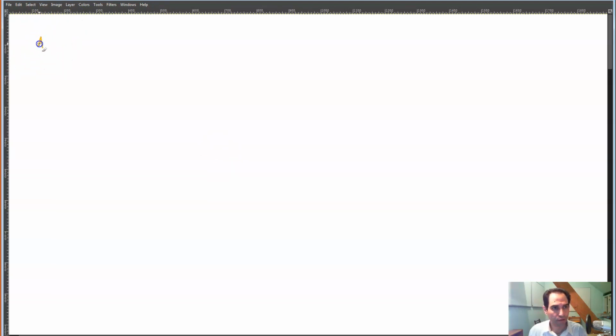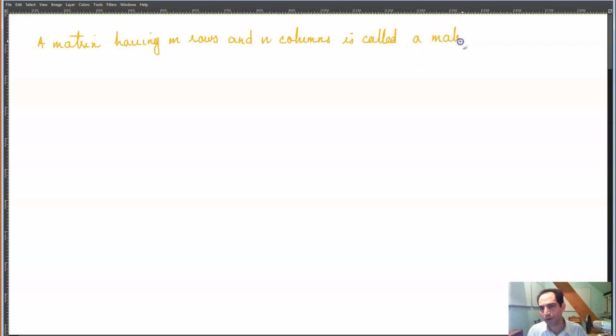So you can say that a matrix having m rows and n columns is called a matrix of the order m by n, or simply m by n matrix, and this is read as m by n matrix.